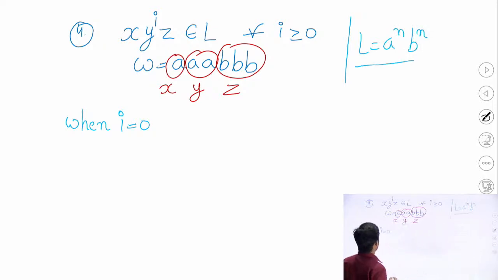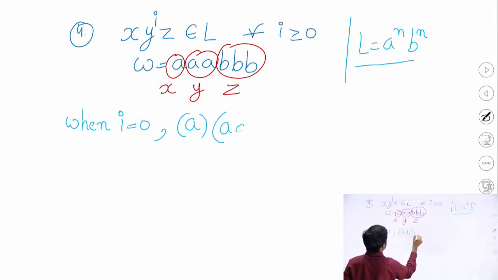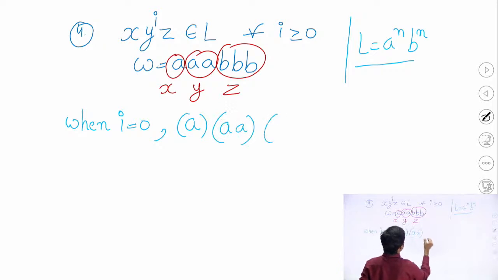Okay, when i equal to 0, then x is a, y is a, and z is 3 times b.